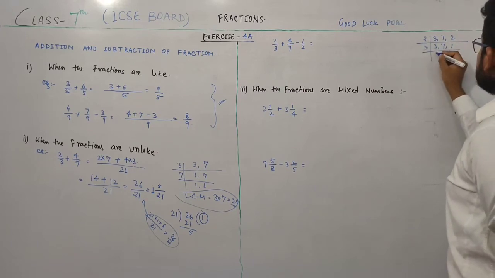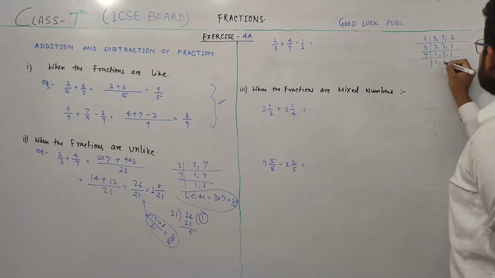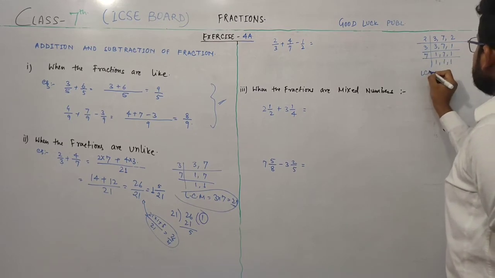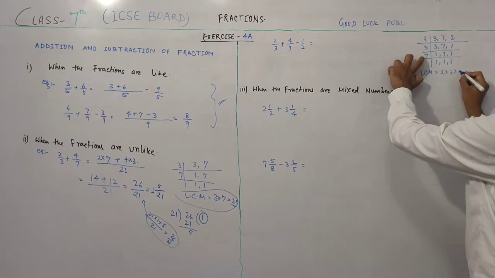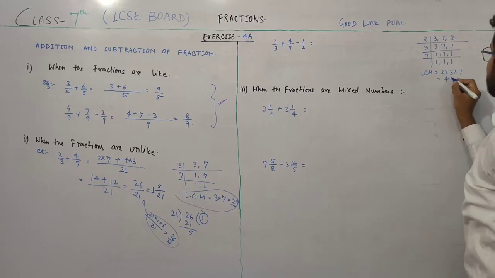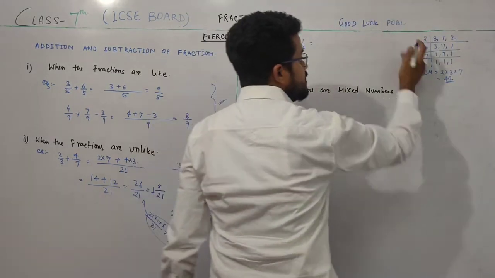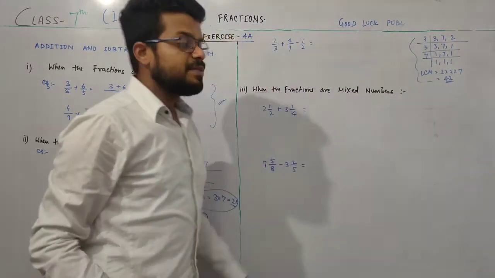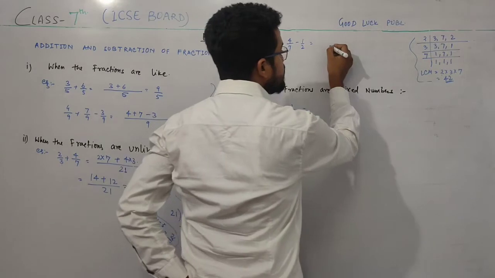Again with 3, so 1, 7, 1. Then with 7, so this is 1, 1, 1. So the LCM is 2 into 3 into 7. 3 into 2 is 6, 6 into 7 is 42. The LCM is 42. The first step is to take the LCM of the denominators.